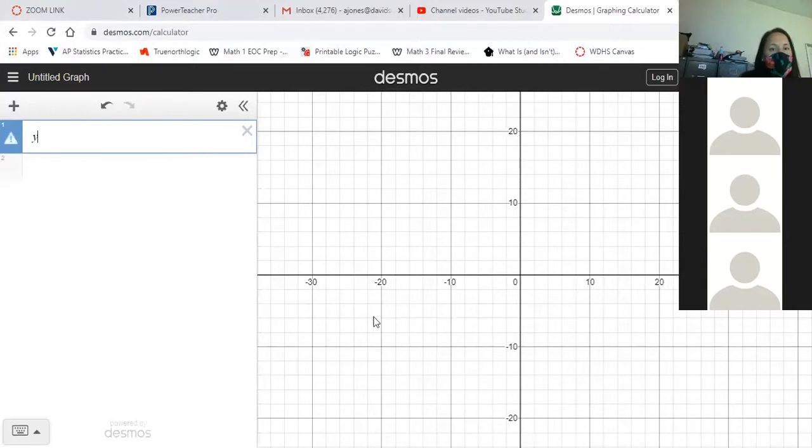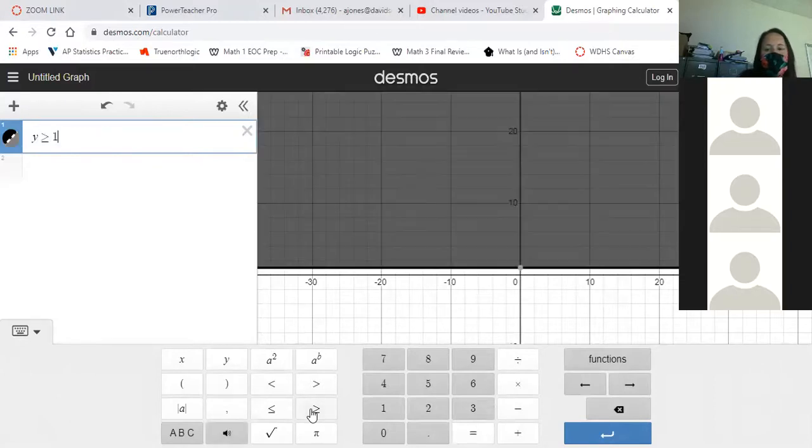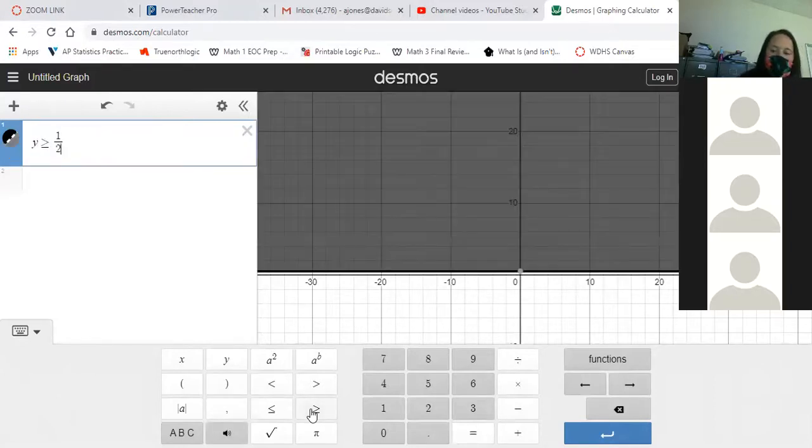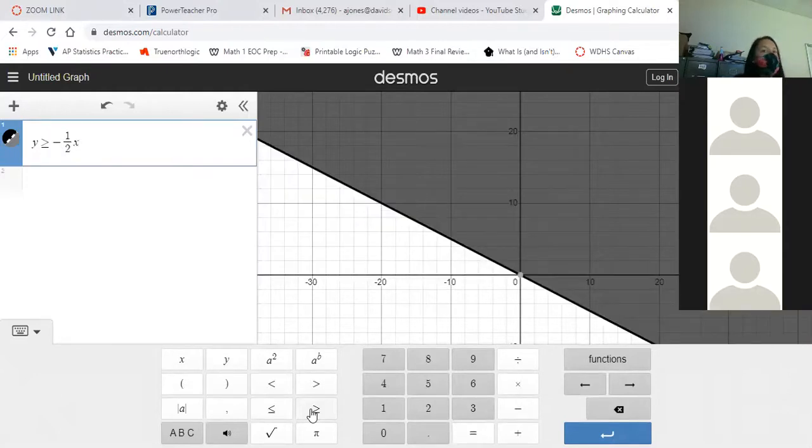So y, remember, to find your greater than or equal to, they're underneath that little keyboard right there. So y is greater than or equal to -1/2 x. So it's a solid line and it's shaded on the top.